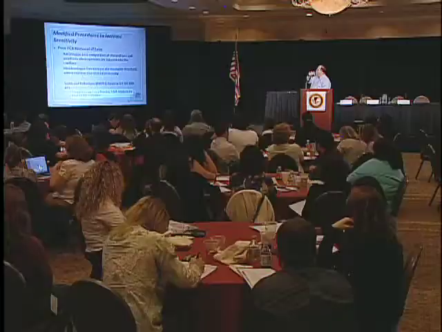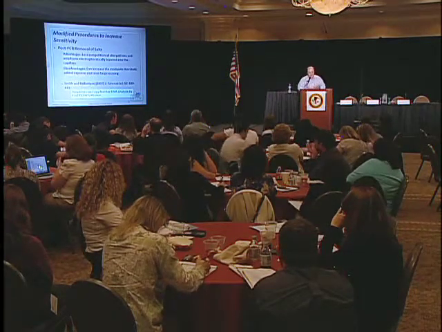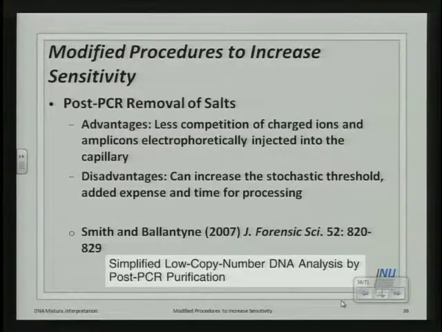Post-PCR removal of salts. So, of course, all of the components of PCR, like magnesium and potassium and all of the ions that are there, are necessary for PCR amplification, but not necessary, and actually not that great, when it comes time for electrophoresis.